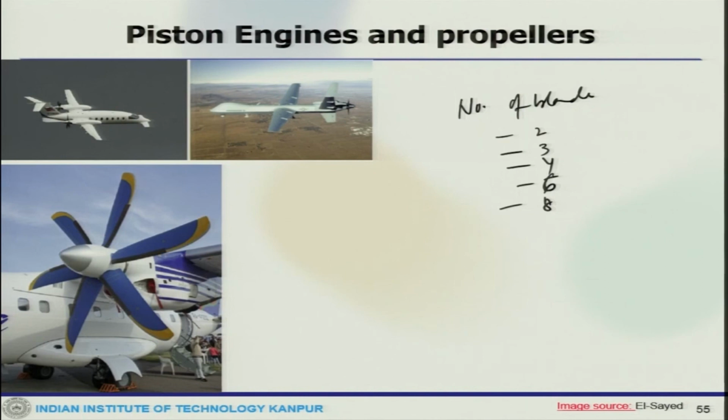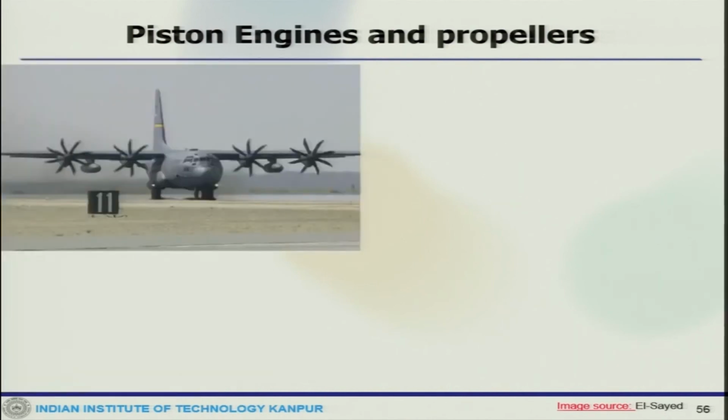And this one is a 6 bladed propeller which you see here, and an 8 bladed propeller is here. This is the Hamilton Sundstrand 8 bladed NP 2000 propeller.